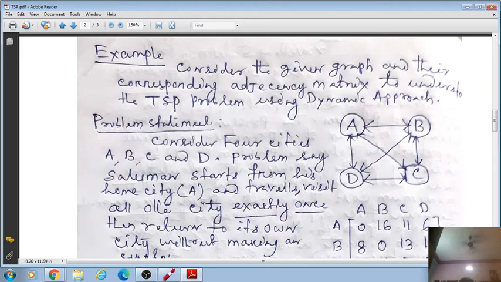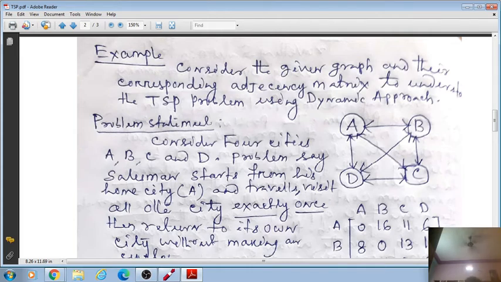So from B there are two paths: B to D or B to C. Similarly, if he goes to C, there will be two paths: C to B or C to D. Similarly from D, it can go to C or to B.